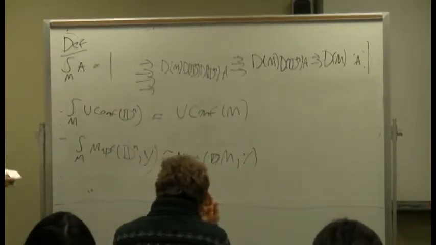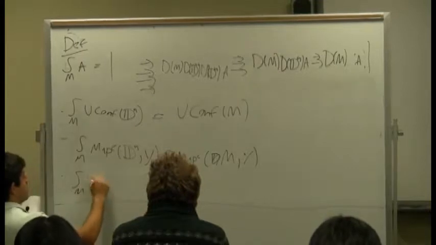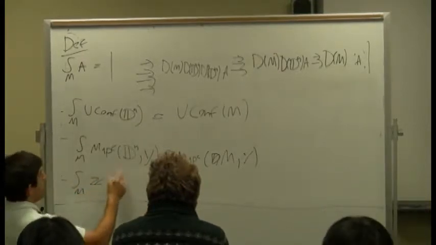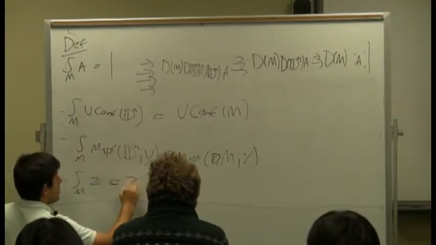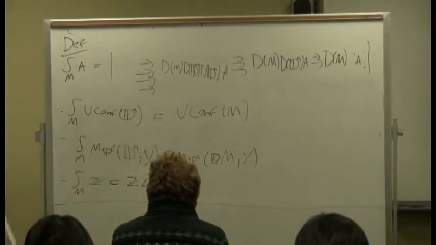And same thing, the factorization homology of Z, maybe it's not analogous, but the factorization homology of Z is homotopy equivalent to Z of M. What else do I want to say?